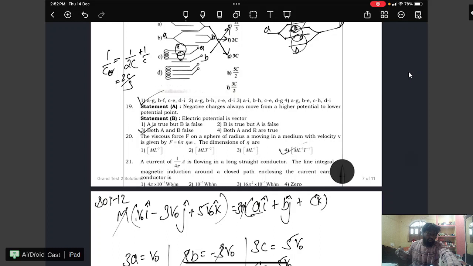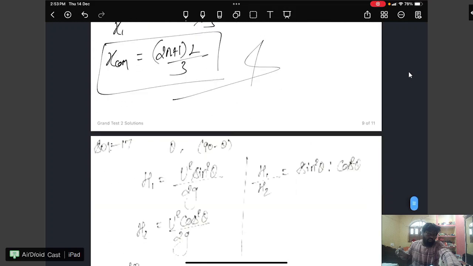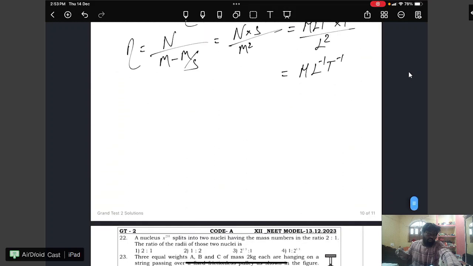Now question number 21. A current of 1 by 4 pi ampere is flowing in a long straight conductor. The line integral of magnetic induction around a closed path enclosing the current carrying conductor is the closed integral of B vector dot dl vector, which equals mu naught into total current flowing through it.